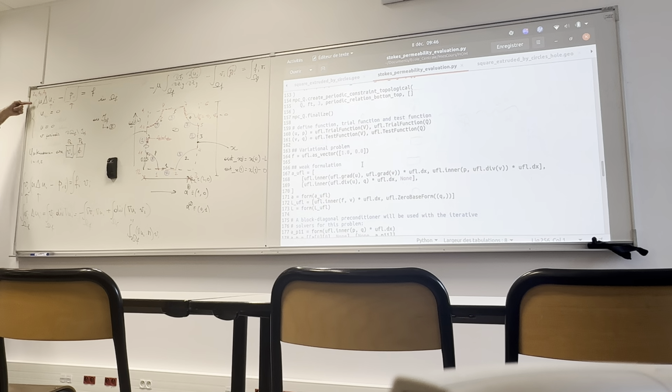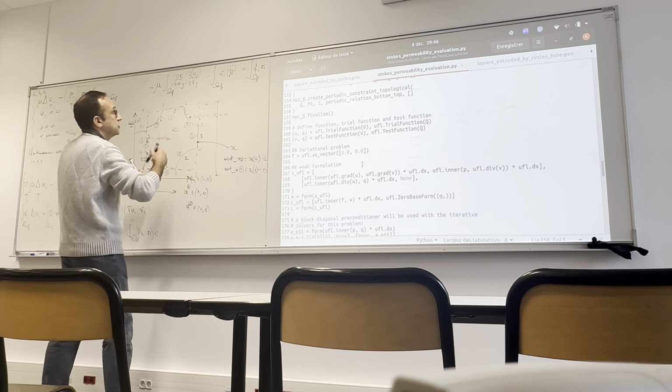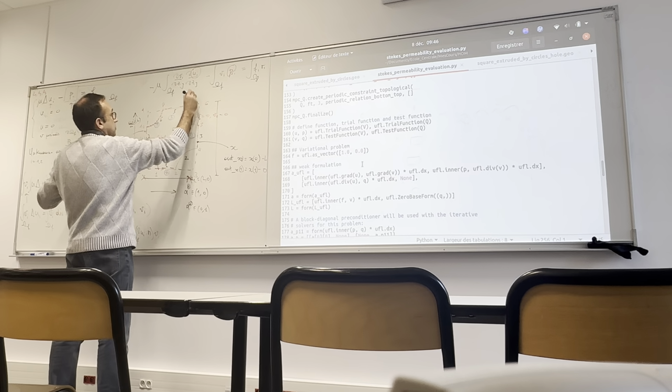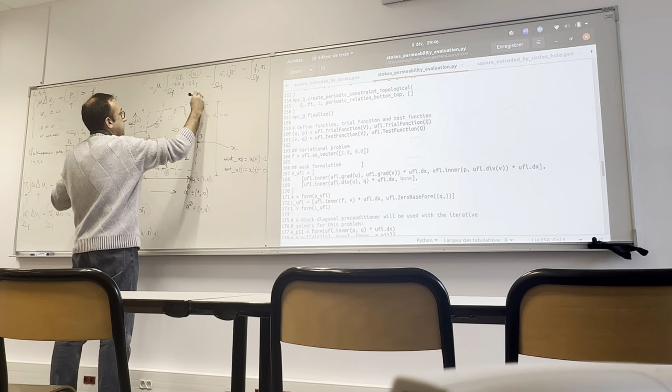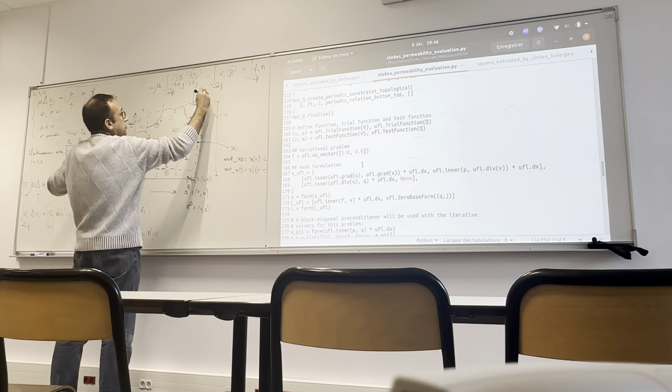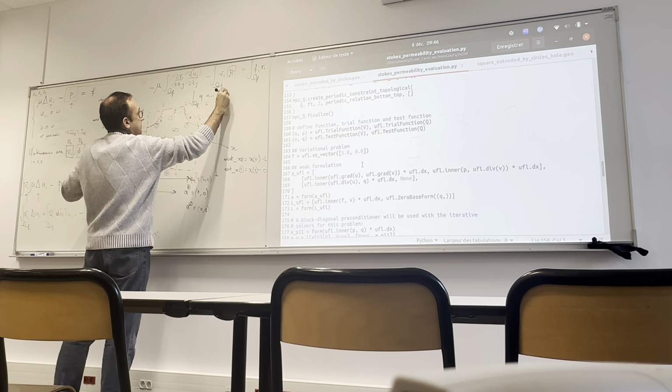So as we have multiplied this equation by a test function v relative to velocity, we have to multiply the second equation by a test function q relative to pressure. So we have this equation, but we have also this equation, integral over omega f of q u_i comma i equals 0.